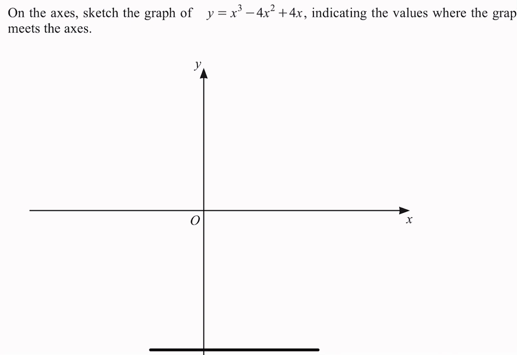On the axes, sketch the graph of y equals x cubed minus 4x squared plus 4x, indicating the values where the graph meets the axes. These values are the values when y is equal to 0 and when x is equal to 0.